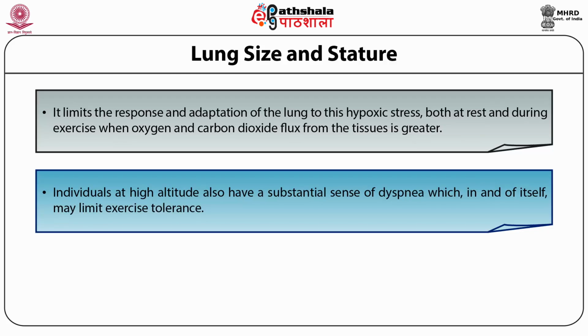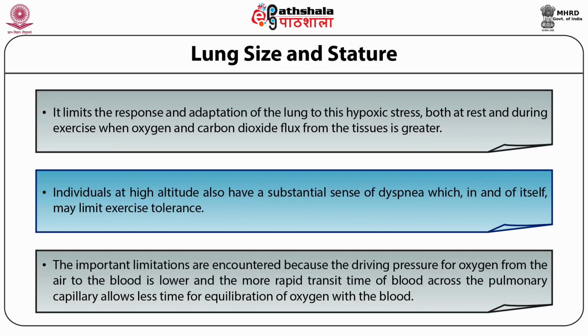The function of the lungs is to exchange oxygen and carbon dioxide, which it does at the alveolar capillary interface. Here, the important limitations are encountered because the driving pressure for oxygen from the air to the blood is lower, and the more rapid transit time of blood across the pulmonary capillary allows less time for equilibration of oxygen with the blood.